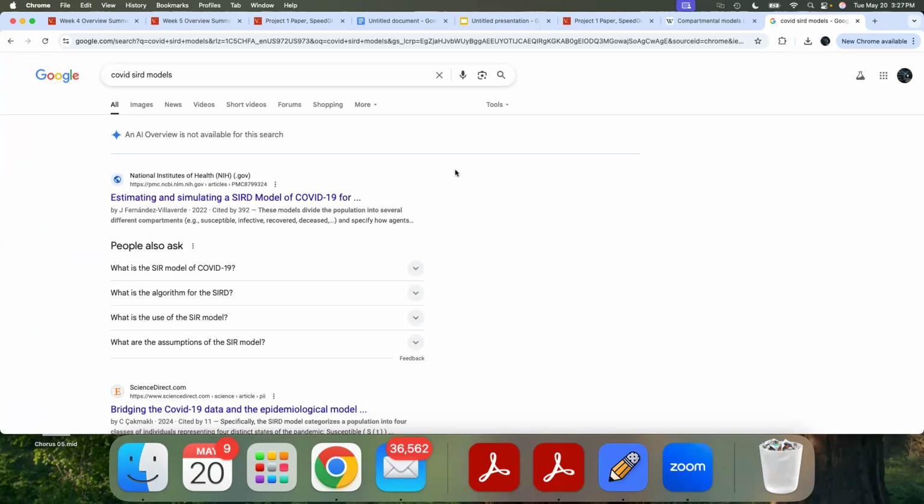Again, you're going to do some research, you're going to read some papers, find some graphs that you understand. If you don't even understand the graph you're looking at, don't put it in your paper. But do some research here, find some actual graphs of COVID infection, put it in your paper and talk about those graphs.